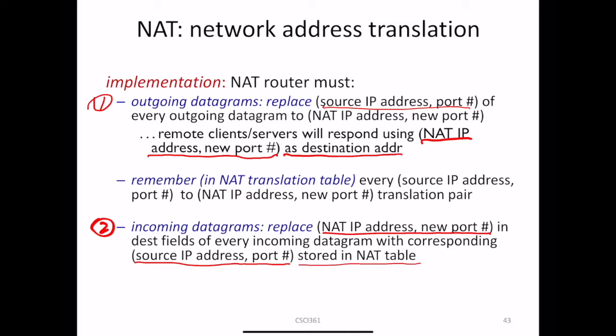Then the third one, the remember: every source IP address and port number to NAT IP address and new port number translation pair will be stored in the NAT translation table, for which we will later show an example, so you will know what we are talking about here. That is how to implement these two replacements with one remember.